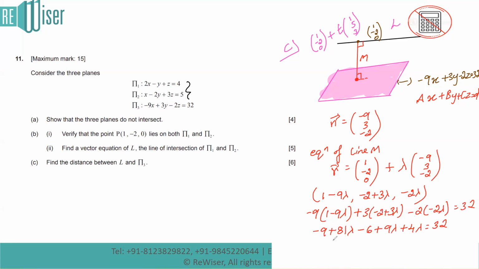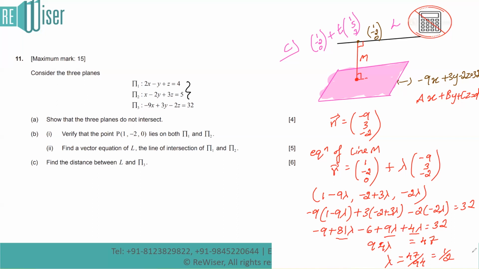So -9 and -6 is -15, and that goes to the other side, so it's going to be 32 plus 15, which is 47. And your 81 plus this is going to be 94 lambda. So lambda would be 47 by 94, which is just 1/2.